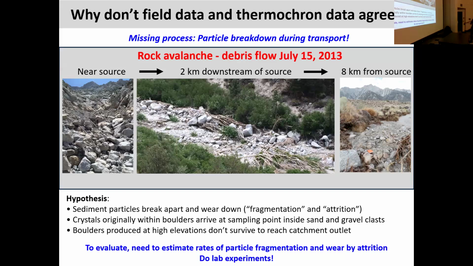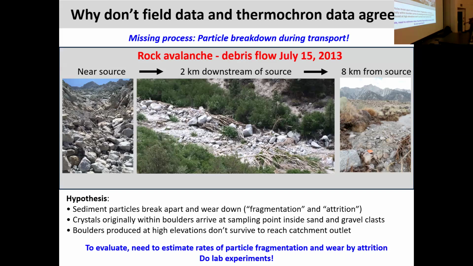Sorry, I didn't talk about this part of the slide that has the hypothesis, but the hypothesis is that these particles are breaking down in 2 ways. There's fragmentation, which is sort of splitting apart, and then there's attrition, the jargon of the moment for what used to be called abrasion, the production of tiny silts and sands that might be worn off the edges.